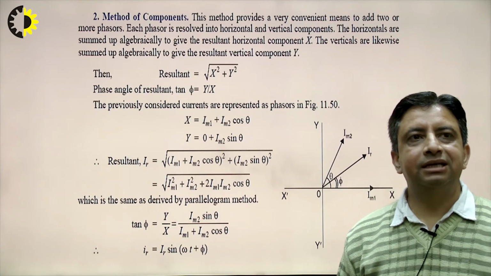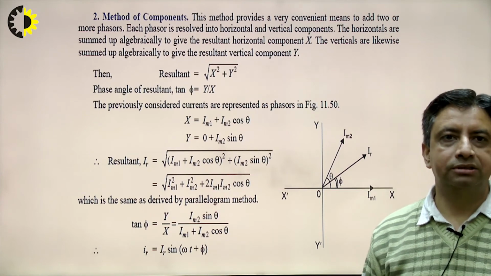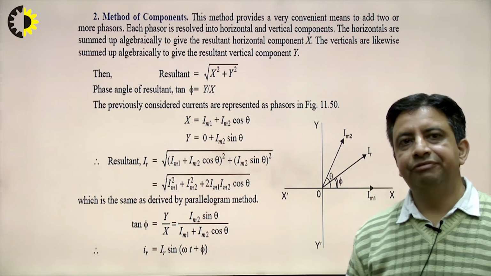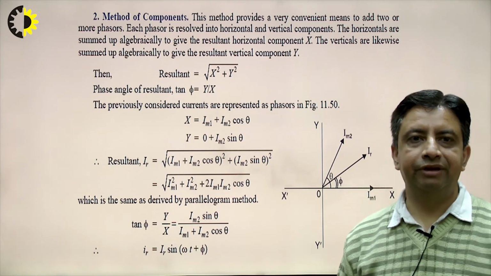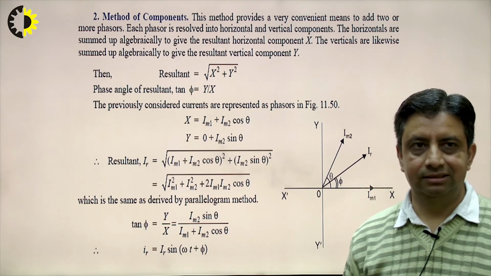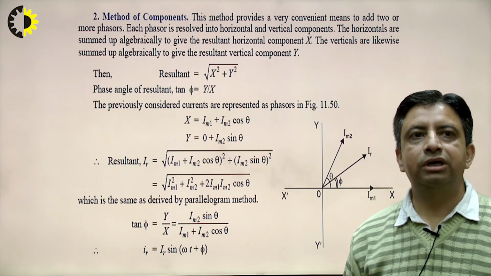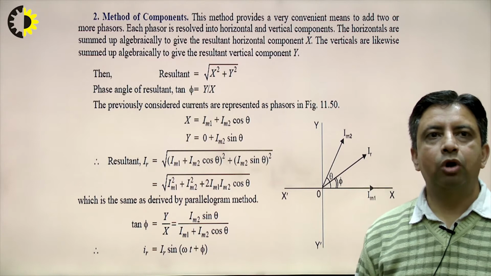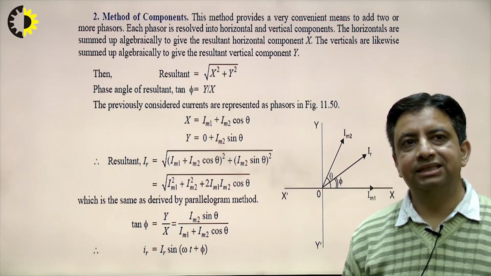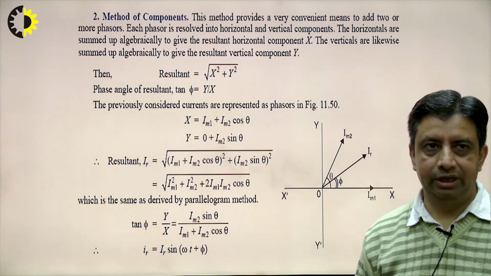Now, the second method is called the method of components. As the name suggests, in this method we will resolve these two phasors into the horizontal axis and vertical axis. The horizontal axis component will be called the x component, and the vertical axis component will be called the y component.